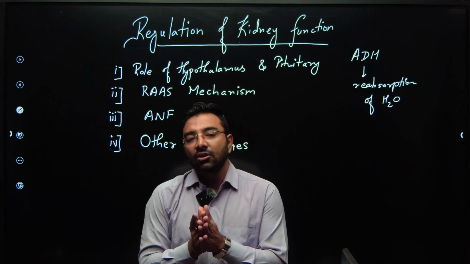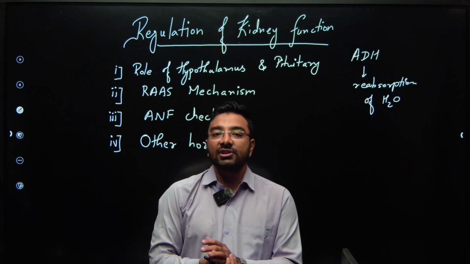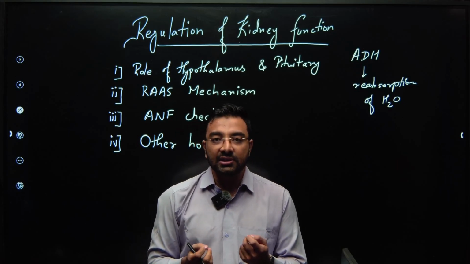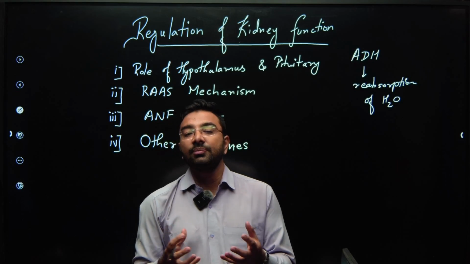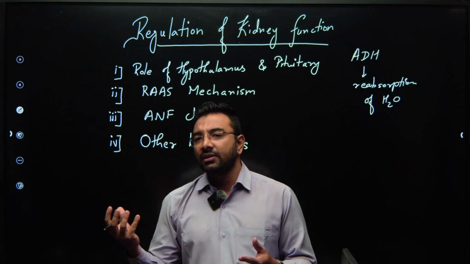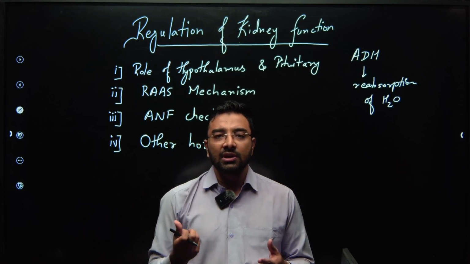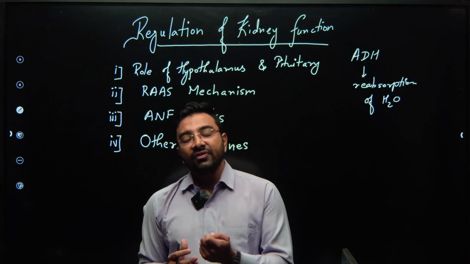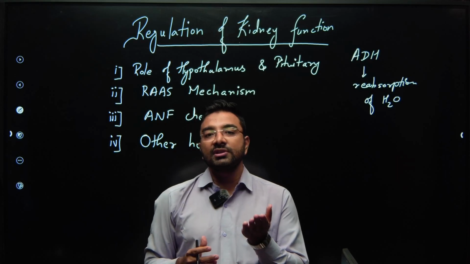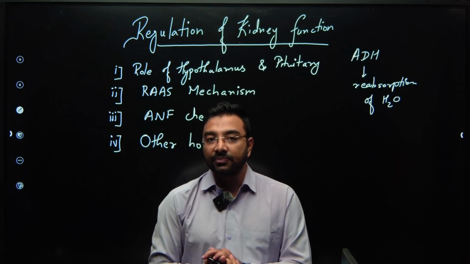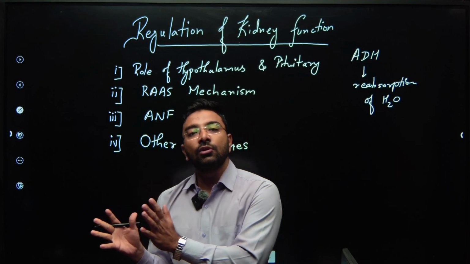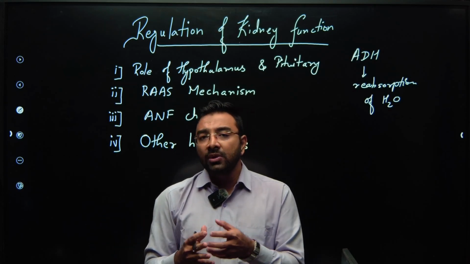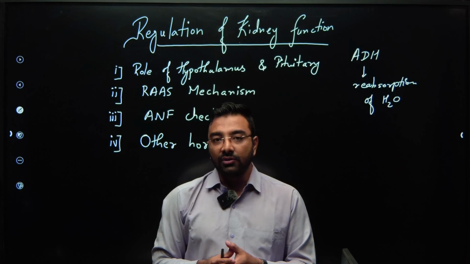Now, ADH is also known as vasopressin. So, it also has some mild vasoconstriction ability which is generalized in nature, which means that it causes vasoconstriction in major arteries of the body like the renal artery or aorta. Through the vasoconstriction, ADH also causes a slight rise in blood pressure, which in turn increases the glomerular filtration rate, which has been reduced by the low blood volume or low body fluid.